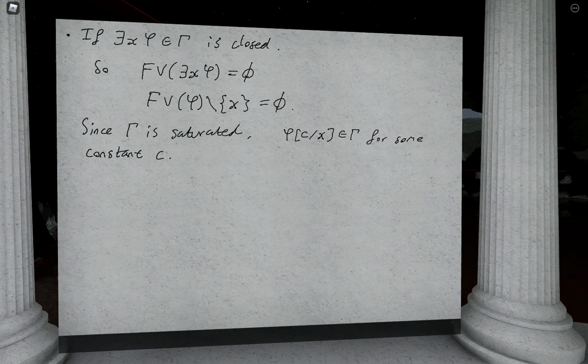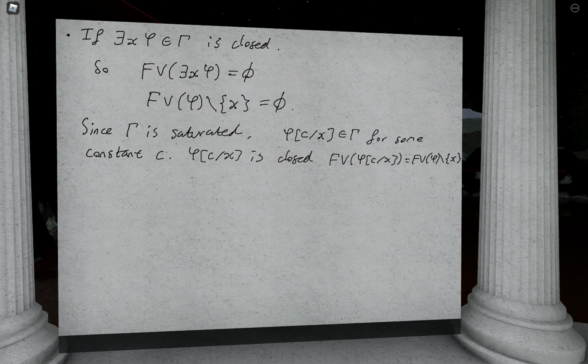But then we notice that phi c for x is closed, exactly because the free variables of phi c for x is equal to the free variables of phi without x, because I've substituted it for a constant. So if x was free in phi, it's no longer free in this formula.